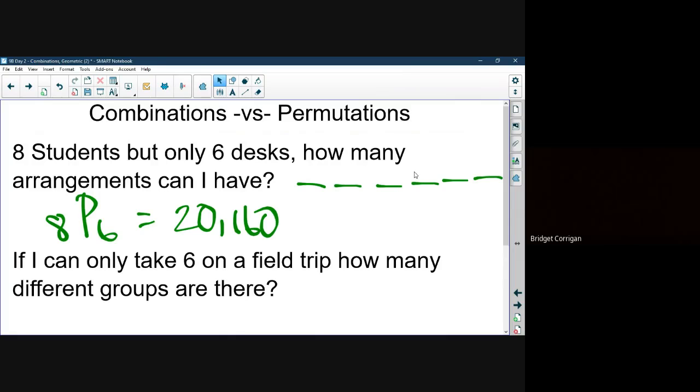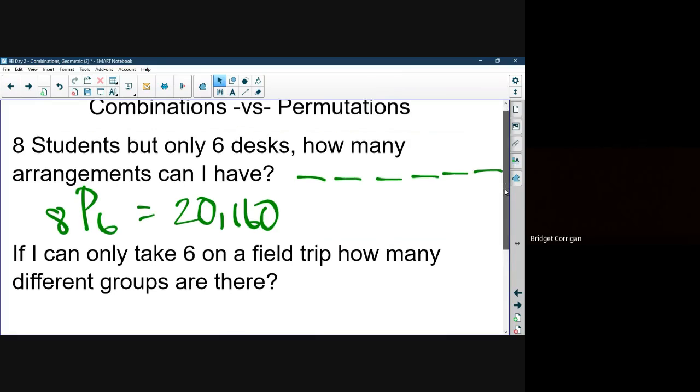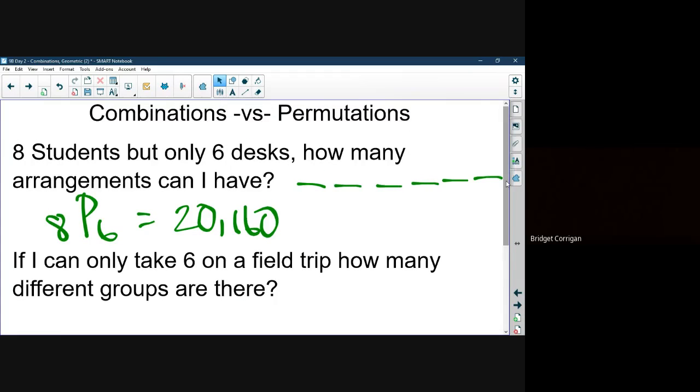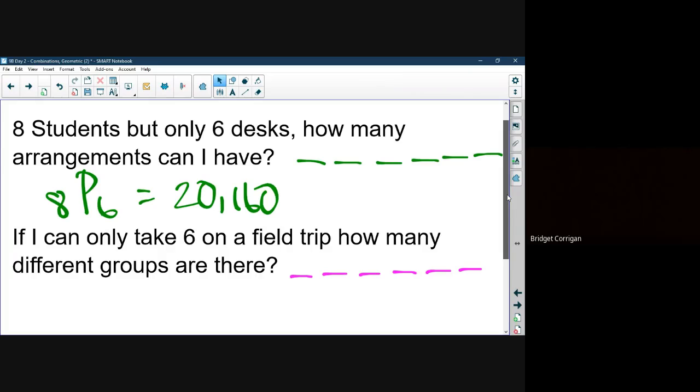So when you evaluate that in your calculator, you should get 20,160. Whereas in the second one, you can take 6 on a field trip. How many different groups are there? So it doesn't matter what order you choose these students in, you're just selecting 6 of them.